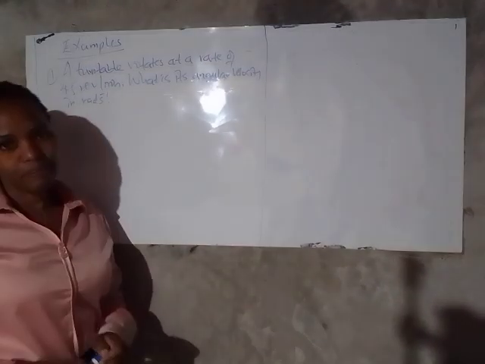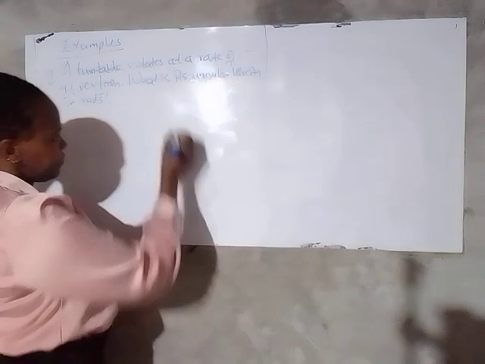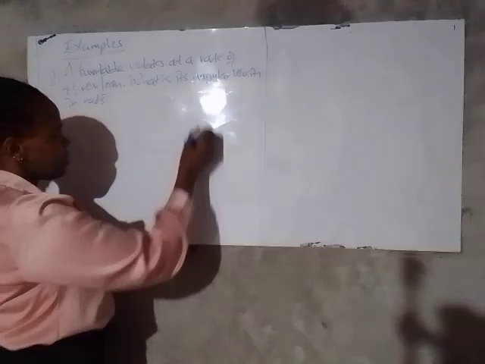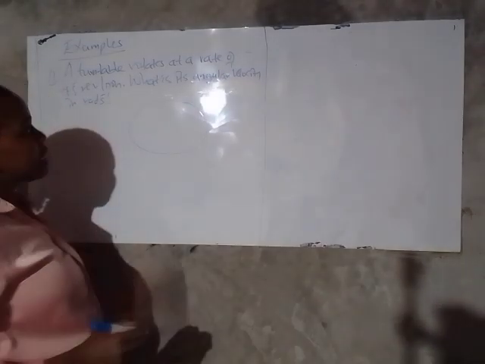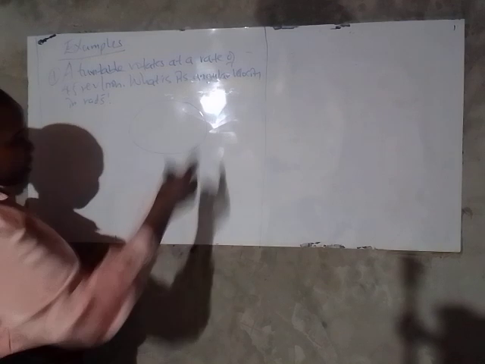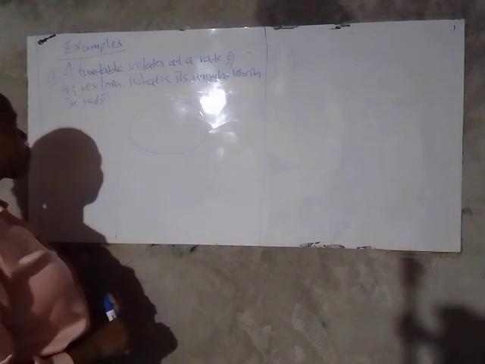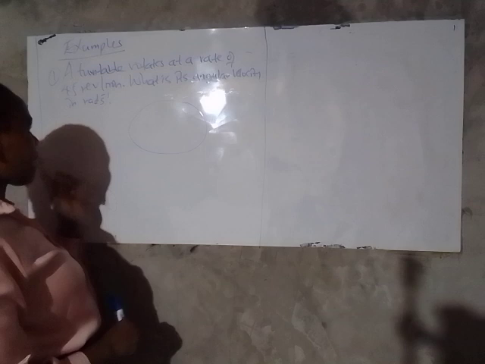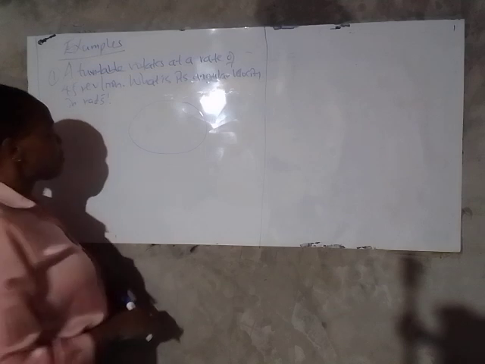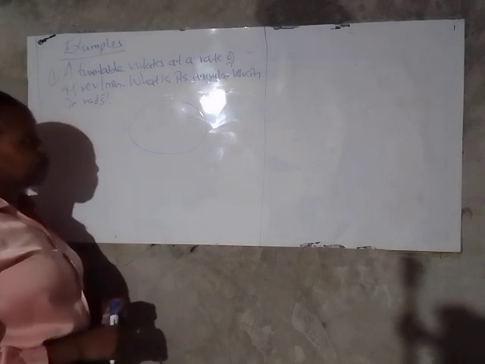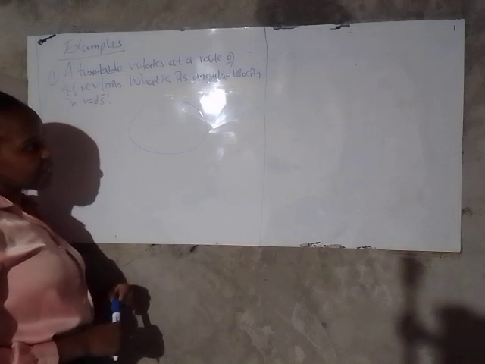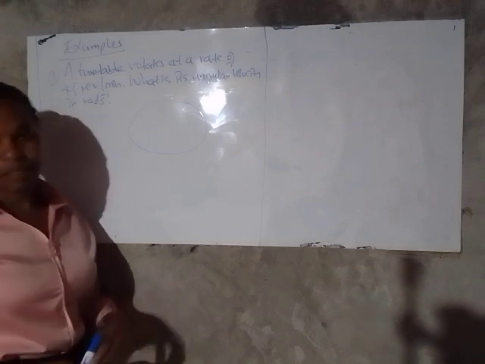So we have a turntable, of course it's circular, rotating at a rate of 45 revolutions per minute. What is its angular velocity in radians per second?